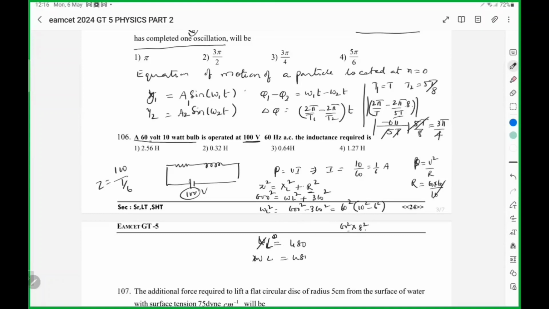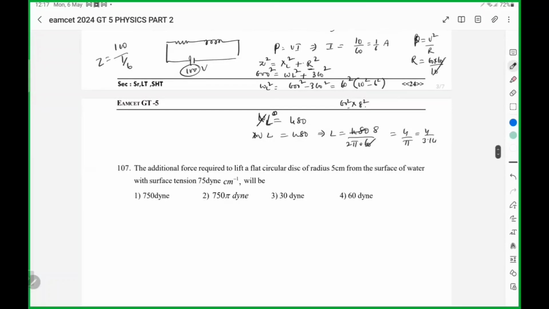So L here is 480 by omega, 2 pi into frequency 60 hertz, 4 by pi, 4 by 3.14, roughly 0.27 henries.